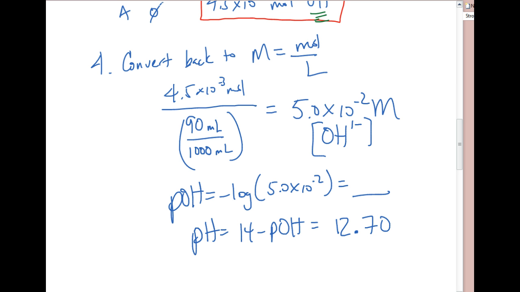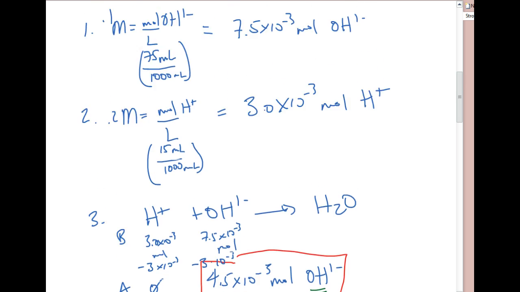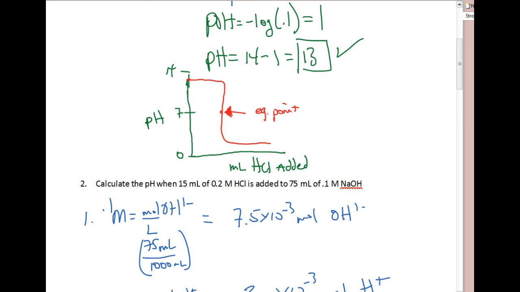That's my ultimate answer. Going back up to the graph real quickly, 12.7. As you can see on this graph, we had added about 15 milliliters, and so we still had not dropped down very much from our starting pH. We won't have the real big drop until we get to that equivalence point.